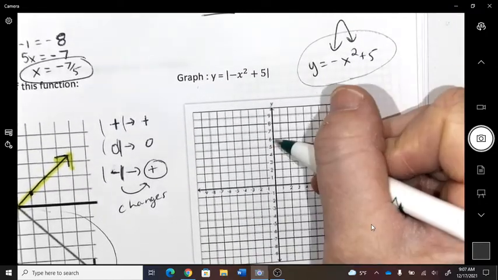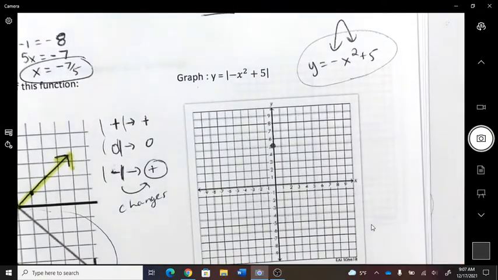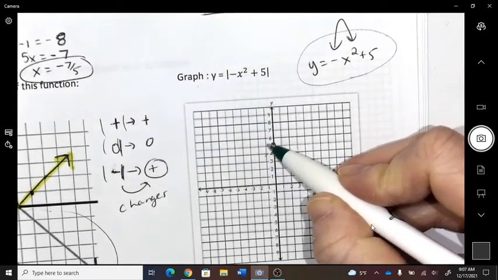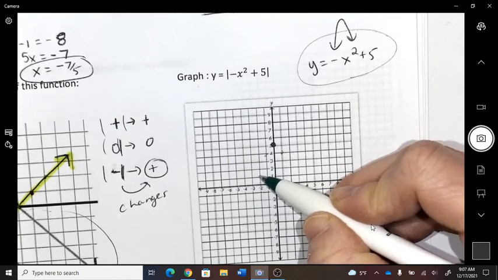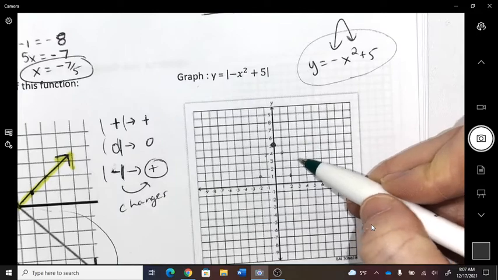So we're going to start at 5. And I'm going to be drawing this light because it's not my actual answer. I still will have to absolute it, but I'm going to draw a little sketch of it. So 1, 1, 2, 4, 3, 9.